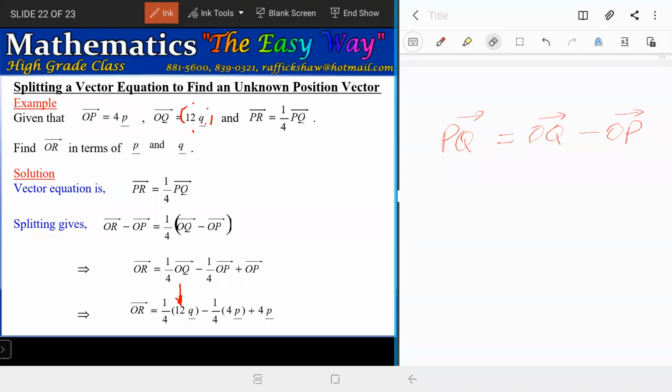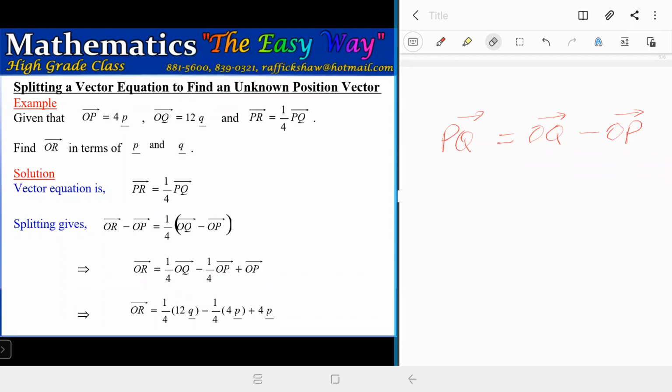And the OP is 4P, so this OP is 4P and this OP is 4P. Then we work out all of this and you get the final value for OR.